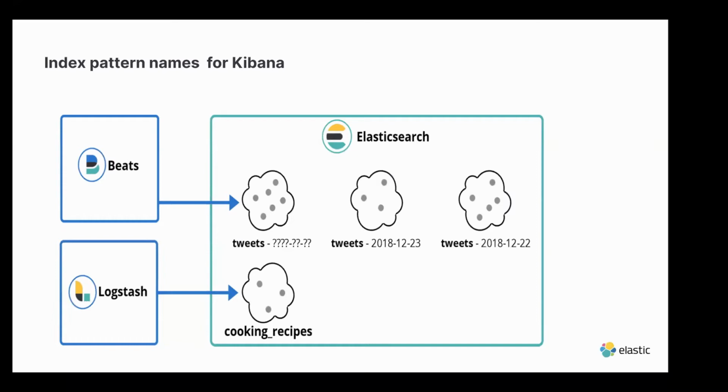So that data is time series bound data, by days. And when you refer to it in Kibana, you can refer to it as tweets-star, which means all the data across these tweets, and you can search and explore that data using tweets_star. We will see how it goes.